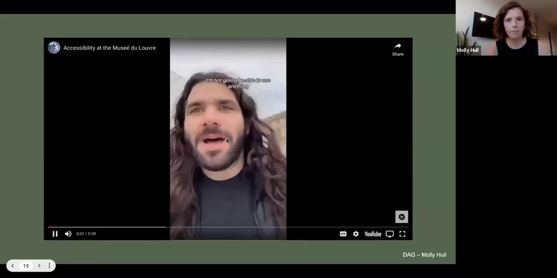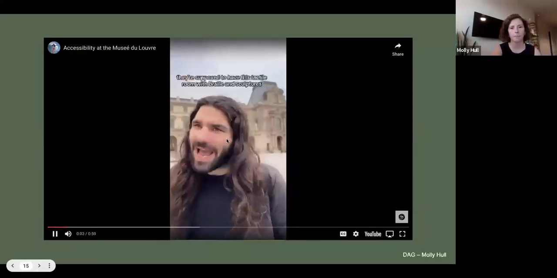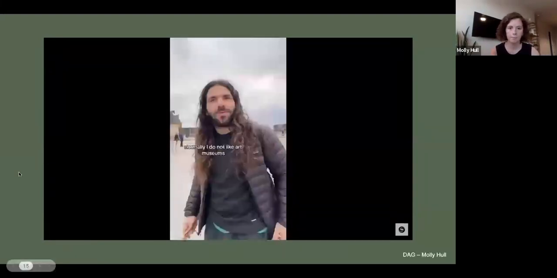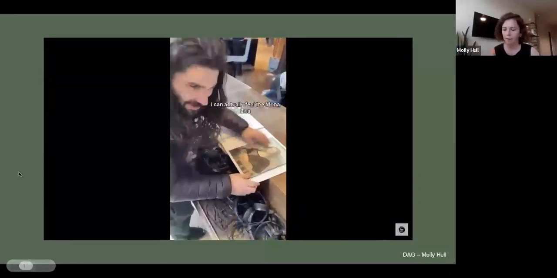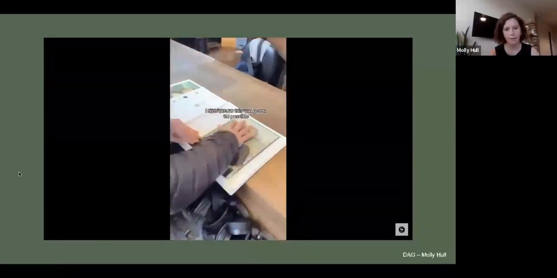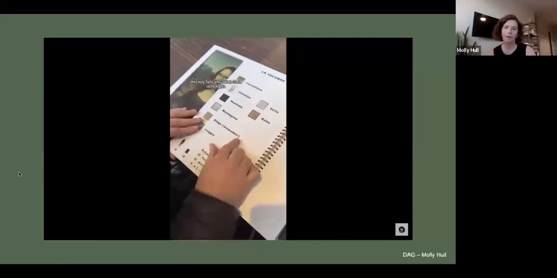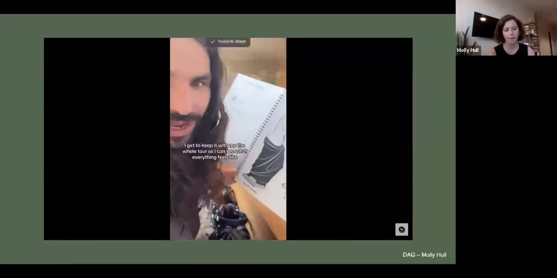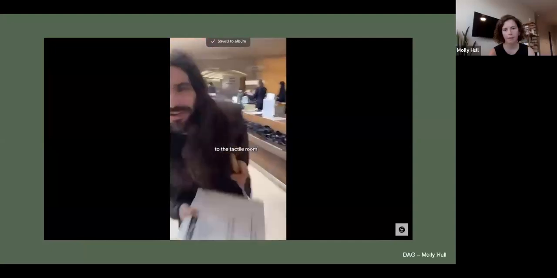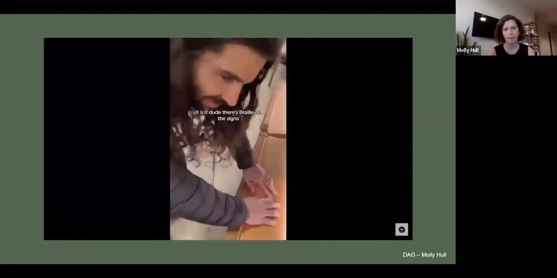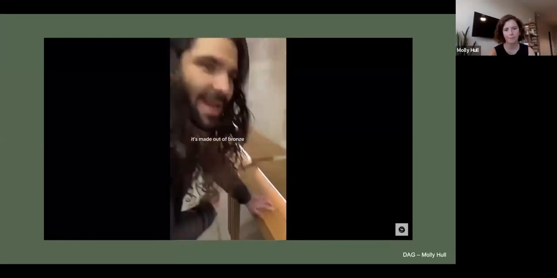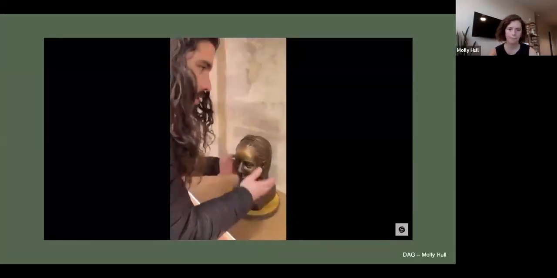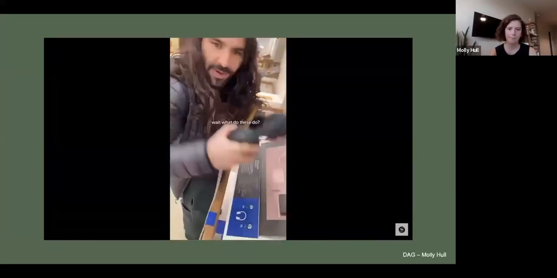Fine, let's go to the Louvre. We're not going to be able to see anything. They're supposed to have this tactile room with braille and sculptures. Really, I do not like art museums. There's a braille tactile map. Actually feel the Mona Lisa. I didn't know this was going to be possible. This key tells you what each material is. The braille's in French, but that's okay. I get to keep it with me the whole tour so I can see what everything feels like. Do the tactile room. I think this is it. Is it, dude? There's braille on the side. It's made out of bronze. Yo, wait, what do these do?